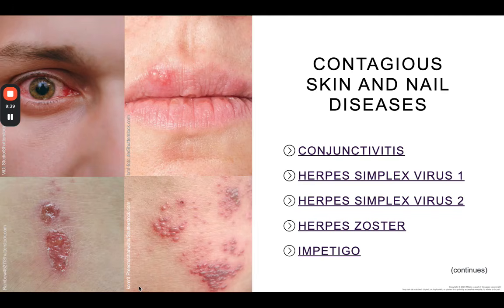So impetigo is a bacterial infection of the skin. It often occurs in children. It's characterized by small blisters or crusty lesions that are filled with bacteria. It is extremely contagious. Oral or topical medications or antibiotics are used for treatment.